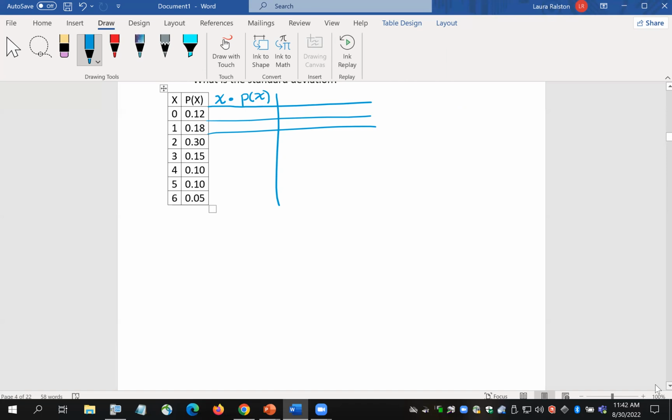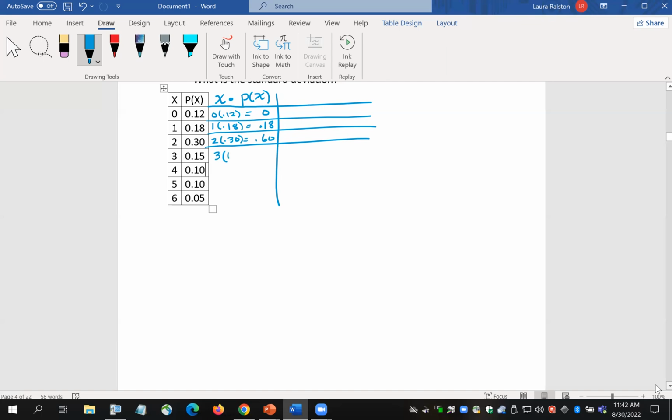So 0 times 0.12 is 0. 1 times 0.18 is 0.18. 2 times 0.30 is 0.60.